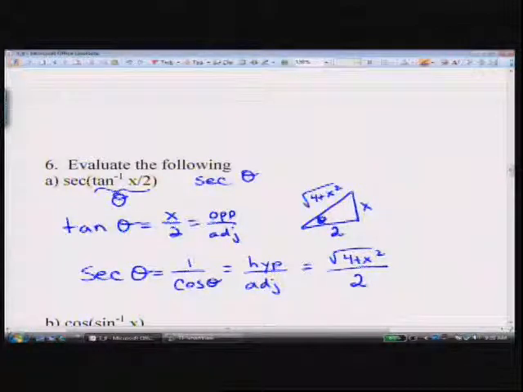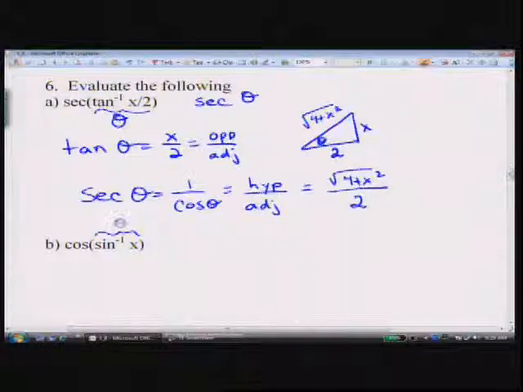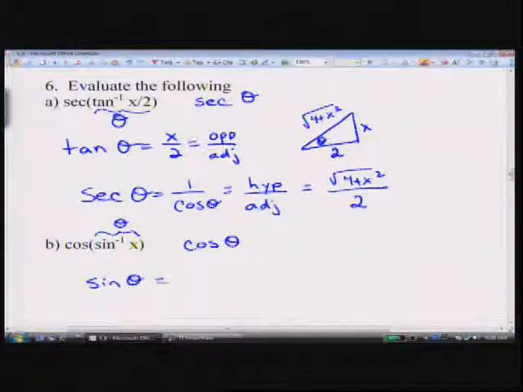All right. So, similar, you can do this problem. The inverse sine of x is equal to some angle theta. So we want to know what the cosine of theta is. That's what we're really asking. So right here, this tells us that the sine of theta is equal to x.